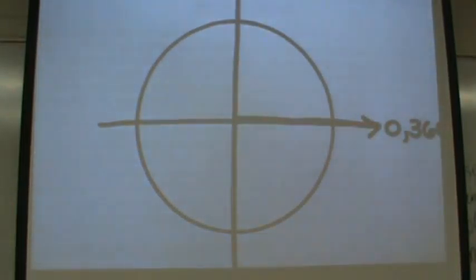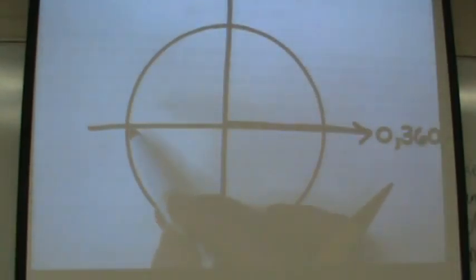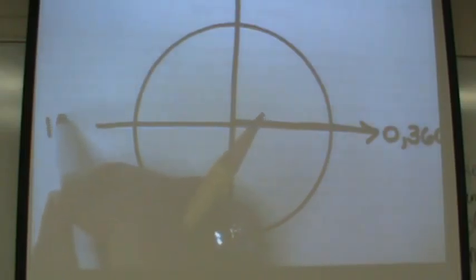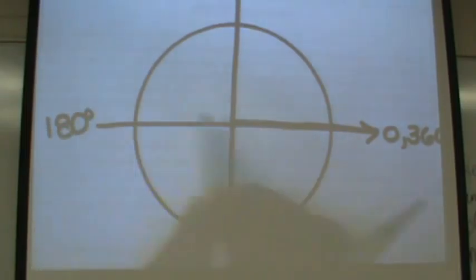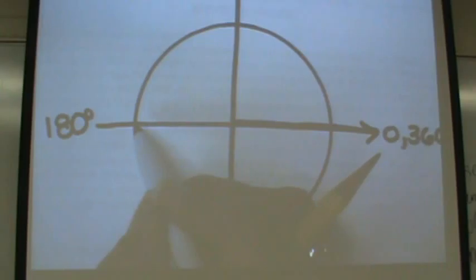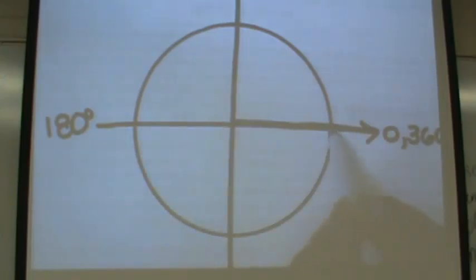Now, I just want to go around and label all of the angles, so you're comfortable with this. One whole revolution is 360 degrees, so what's half of 360? Does everybody agree that if we land right here and stop, we'd be at 180? Thumbs up? What if we stopped right here on the y-axis?